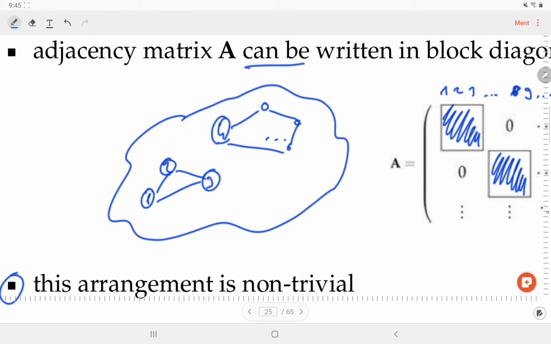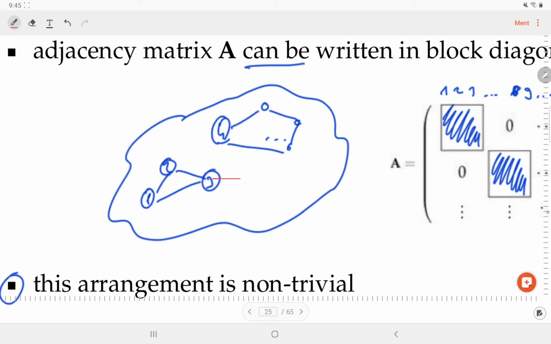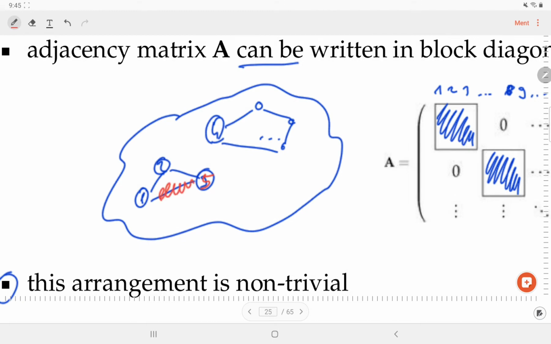But it can also happen that, maybe this one here, we name it as 5, and hence this edge is not here, for example, or these two edges are not here.